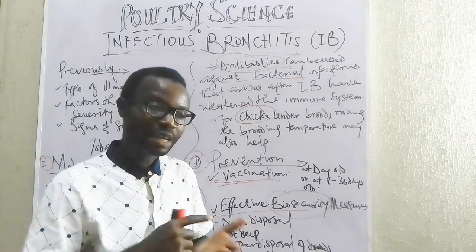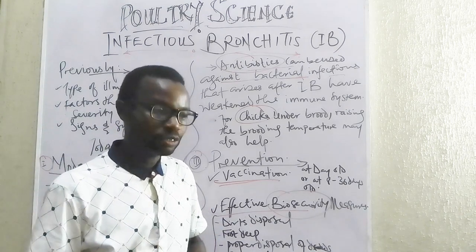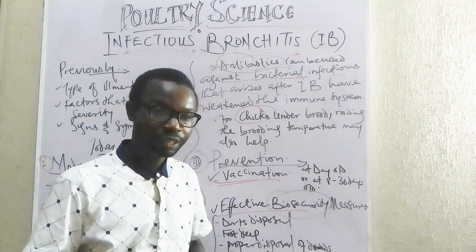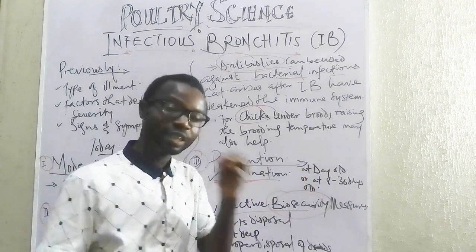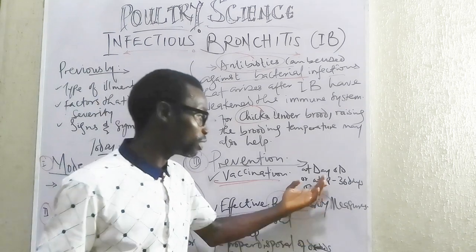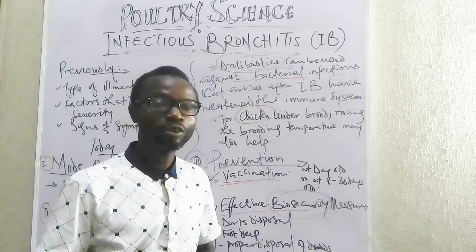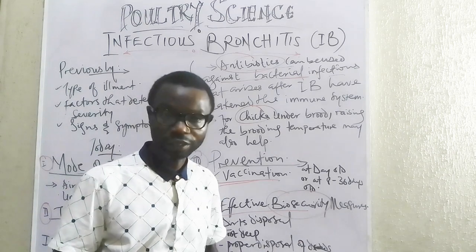So you have them as IB and ND. They are administered in the hatchery when the chicks are day old, at other times between 8 days to the 36th day of age for chicken.